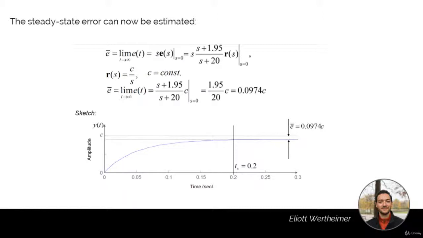and this is equal to 0.0974 C. So eventually, with our proportional control, in an infinite amount of time, the error between the response of your system and your reference input will always be equal to 0.0974 C, C being actually your reference input. And this is a consequence of proportional control. It is very hard to get a perfectly zero steady state error, simply because proportional control doesn't actually look back on your error.